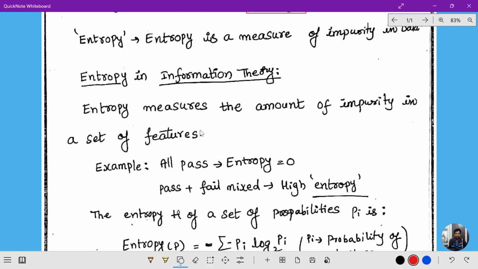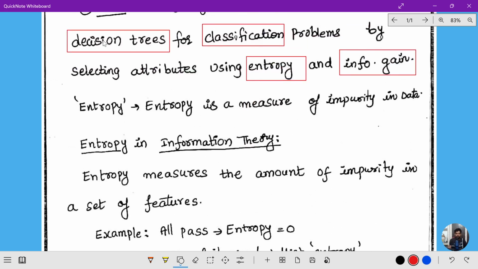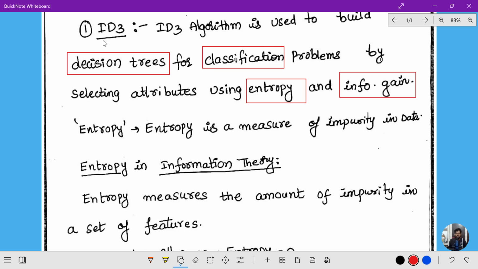Now you observe, what is the meaning of entropy? Here you can see on the screen. Entropy is a measure of impurity in data. So remember, the keyword for entropy is impurity. Okay, so when I say purity, the data is correct.